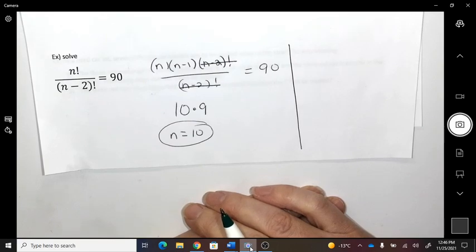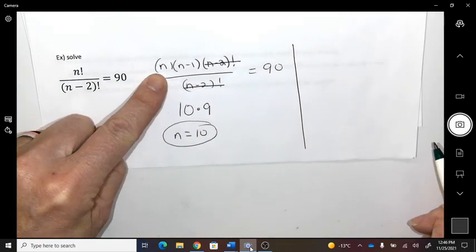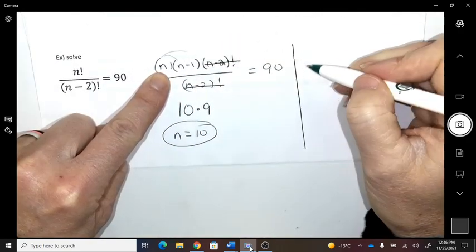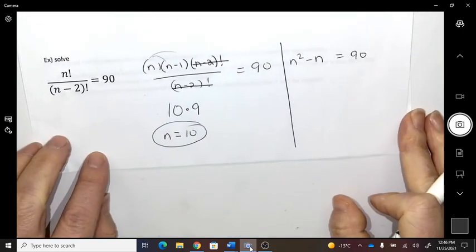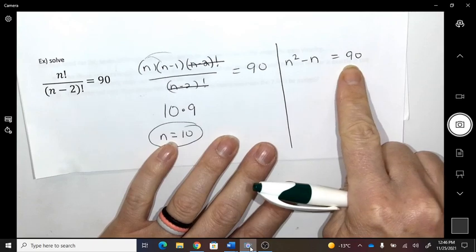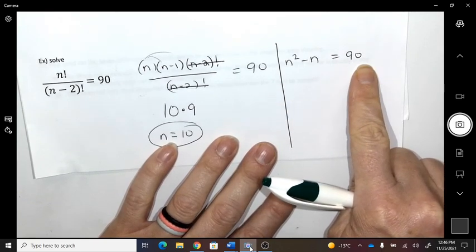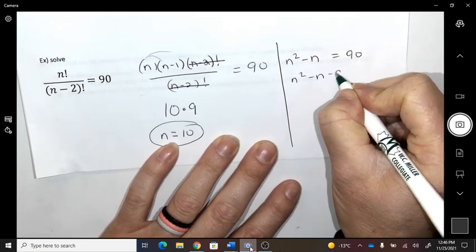Pre-calc brain? Here's your pre-calc brain. Ready? What does this do? N squared minus n. How would I solve an equation that looks like this? Equals 0. So I move the 90.